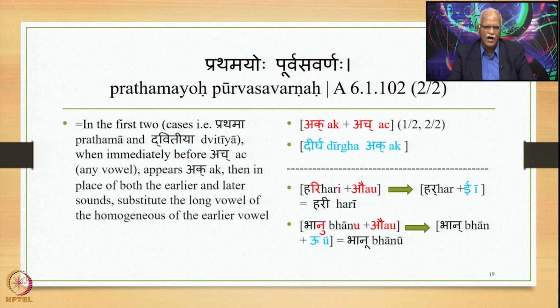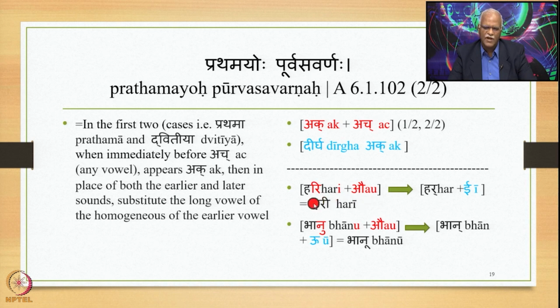So here we have ak plus ach in 1/2 and 2/2 for example, and so this ak and ach will be substituted by the dirgha of ak. This will be the output generated. So if we have hari plus au, hari has got i which is part of ak, au is an ach.